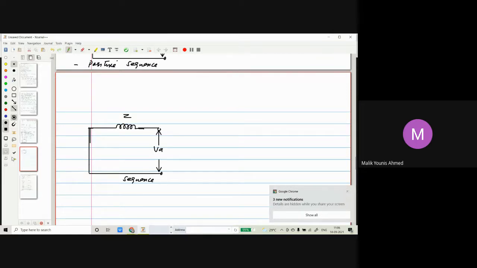This will be VA2 for the negative sequence, Z2, and this is for the negative sequence.